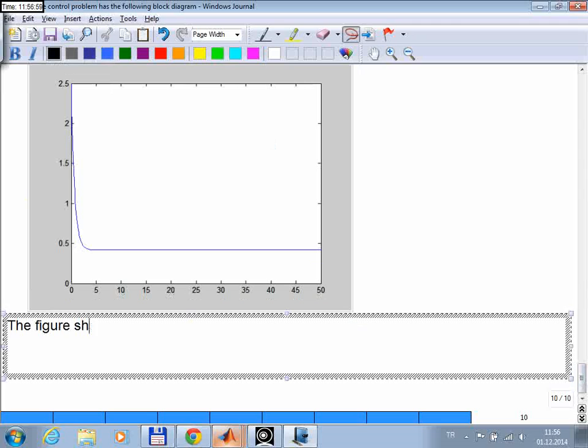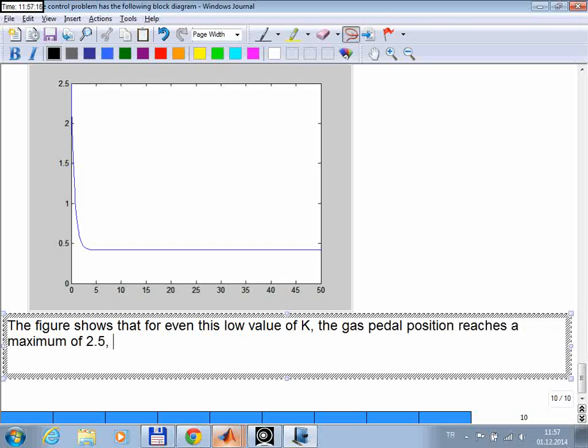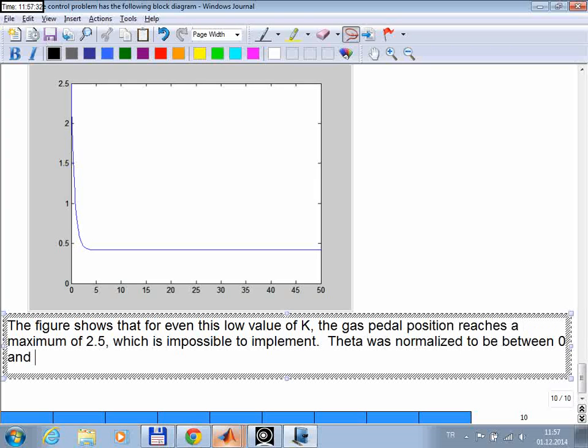The figure shows that even for this low value of k, the gas pedal position reaches a maximum of 2.5, which is impossible to implement. Theta was normalized to be between 0 and 1.